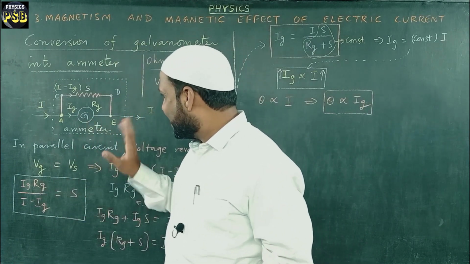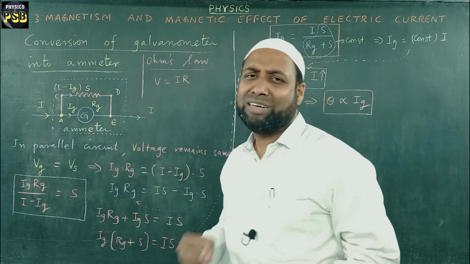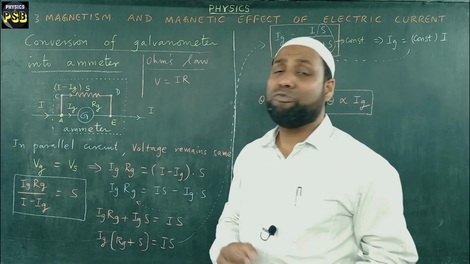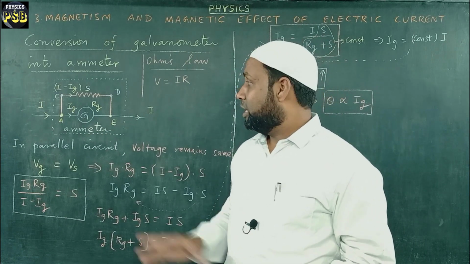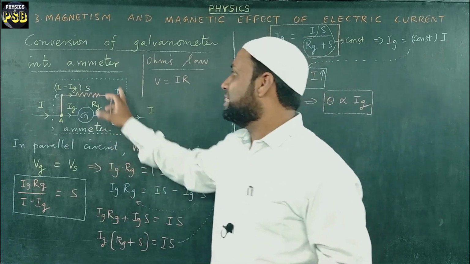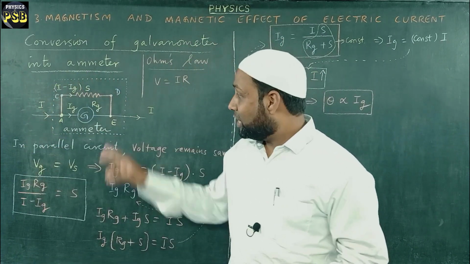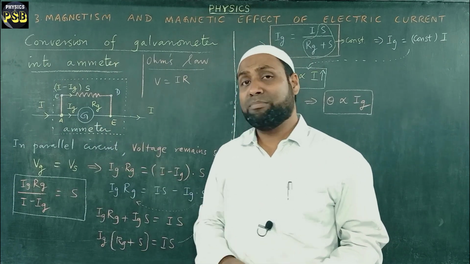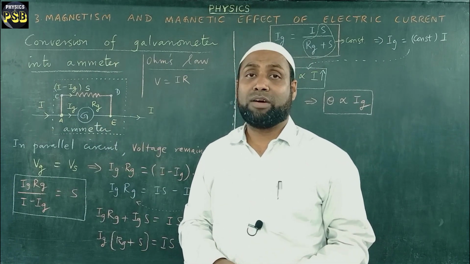from here it is clear that the galvanometer provides some resistance to the flow of a current. If it provides some resistance to the flow of current, then definitely the ammeter that we have made using that galvanometer will also provide some resistance to the flow of current.